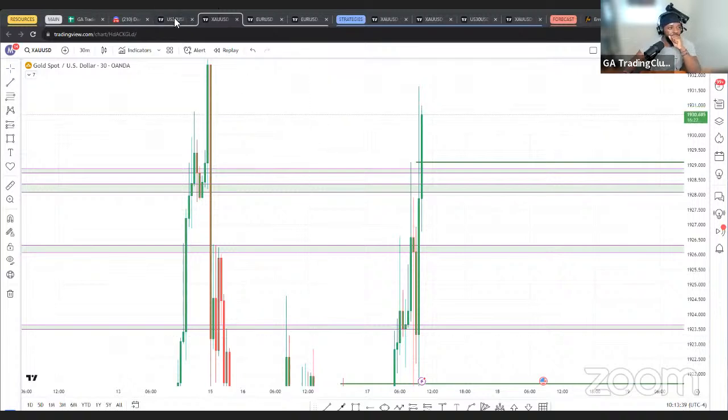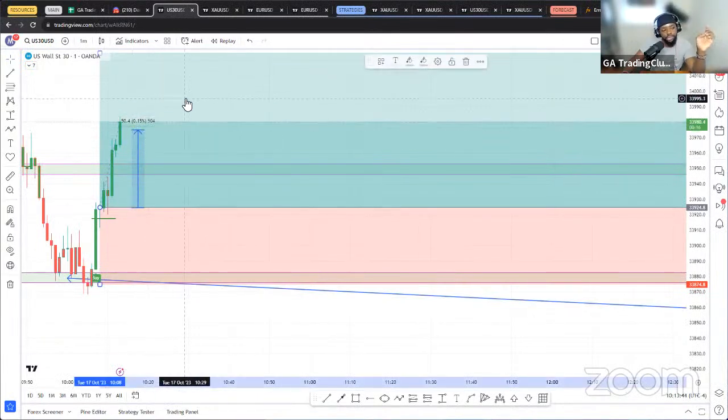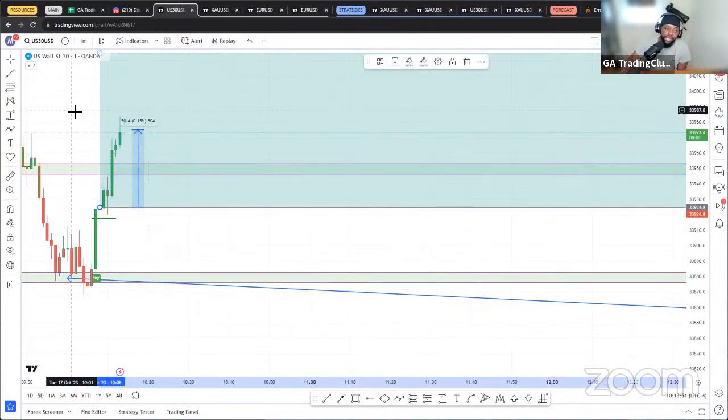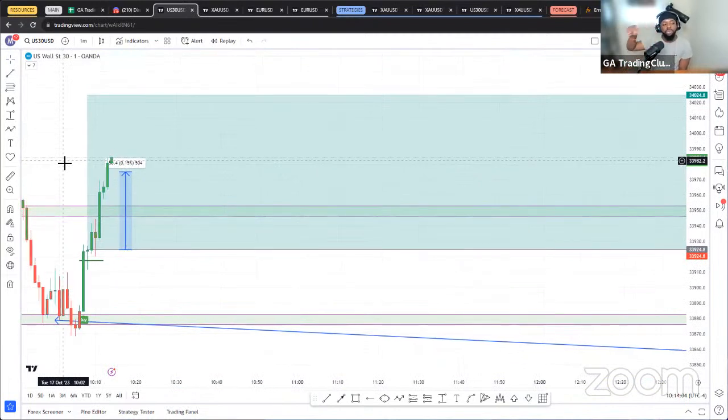If you guys have any questions, I don't know how US 30 is. There you go. So if you took the US 30 trade, go ahead and set break even. I didn't take the trade, but that's what I would have wanted to see. My only issue was this huge candle, but if you're in that trade already, set break even. And if you're in profit, I hope it goes to full TP. But in the off chance that this trade retraces and the people who set break even get taken out at break even, I wouldn't want to take the same trade because I missed it.